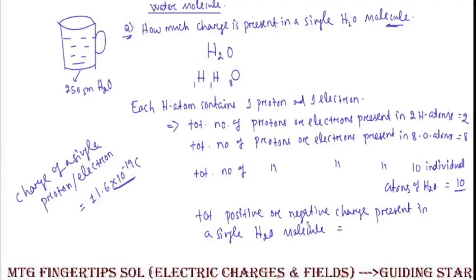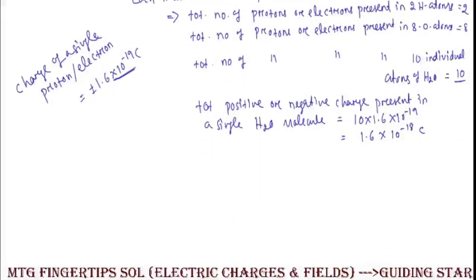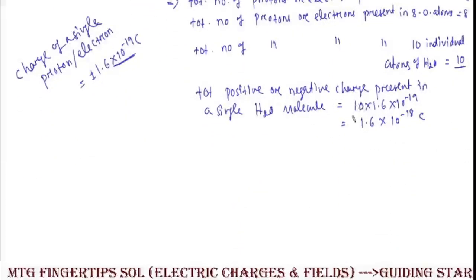So that means 10 positive charges or negative charges will contain how much charge? That means 10 into 1.6 into 10 to the power minus 19. So it will be 1.6 into 10 to the power minus 18 coulomb. This is the total positive or negative charge.